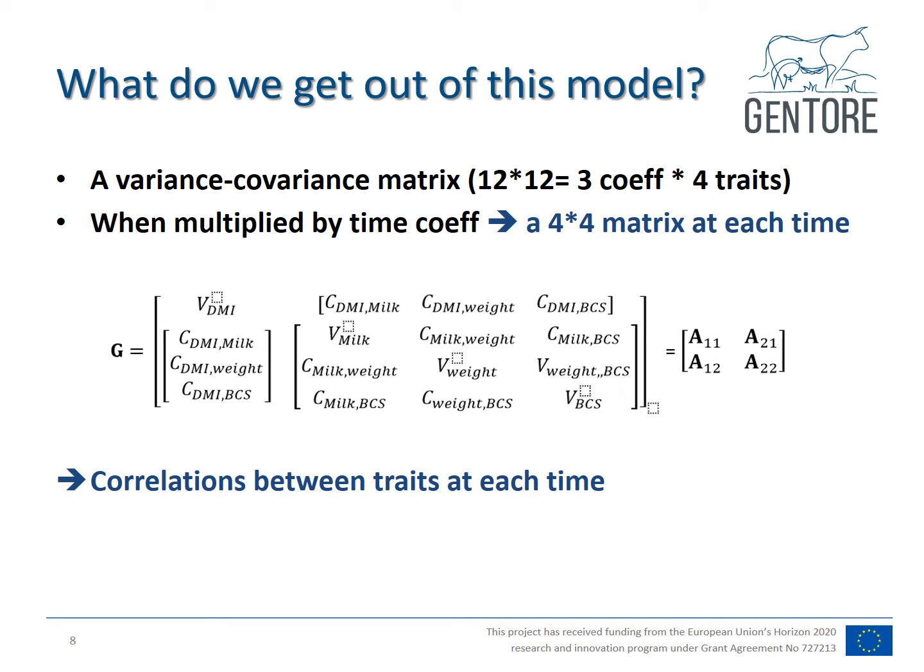We can use this matrix for another writing with a submatrix that we will use later. So with this variance-covariance matrix, we can calculate the correlations between traits at each time, or also the correlation within traits between times, or a mix of the two possibilities.